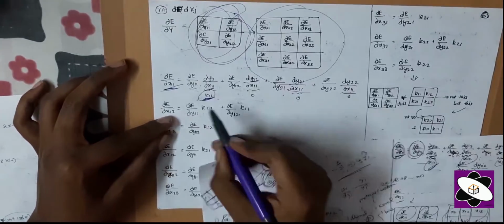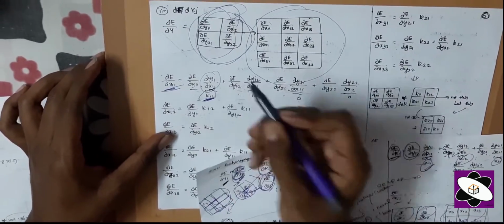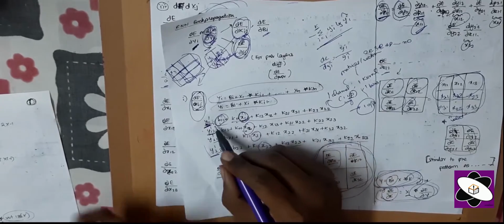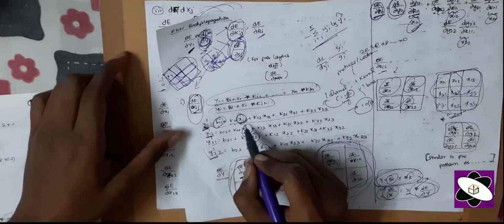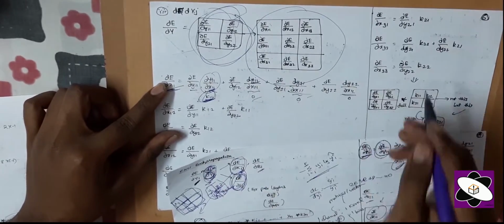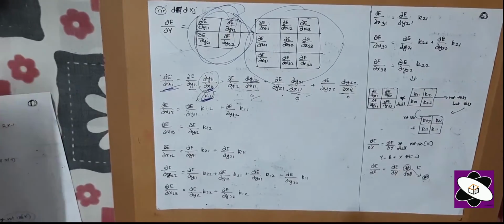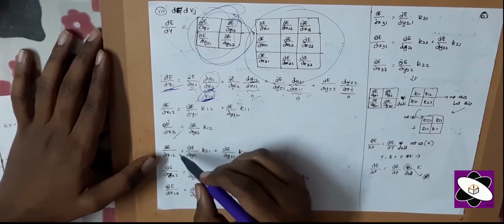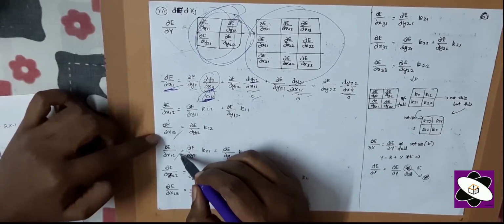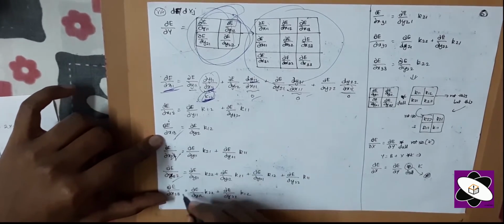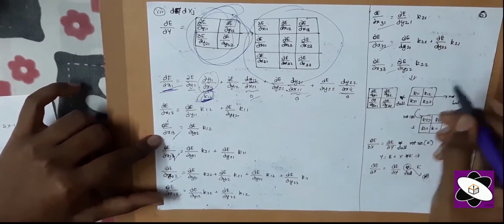In the first equation only, dy11 by x11, in y11 only we will have x11, and the derivative of that gives k11. For all the others it will be 0. Like that, if you perform it for x12, x13, x21, x22, x23, x31, x32, x33, we will get these results.